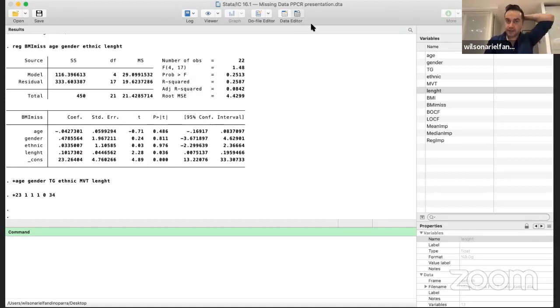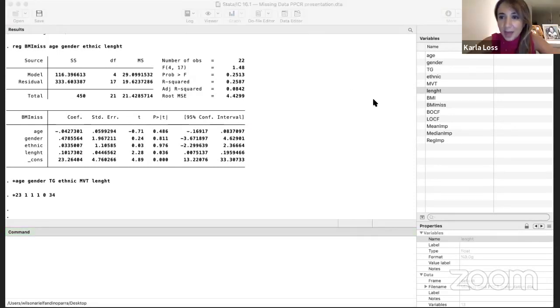Yes, because in real life you don't have the complete data. You don't have the BMI, you have only the BMI with the missing data. There was a doubt in the chat that a student thought they would use BMI to have the perfect regression, but we are running the regression exactly because we have missing data.